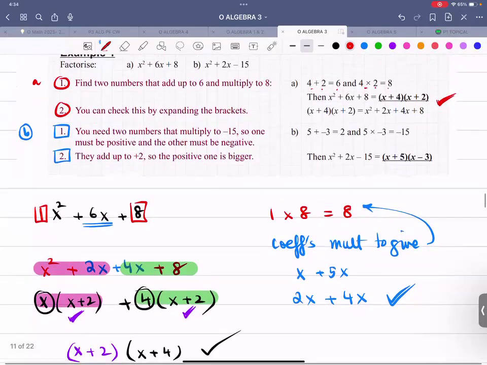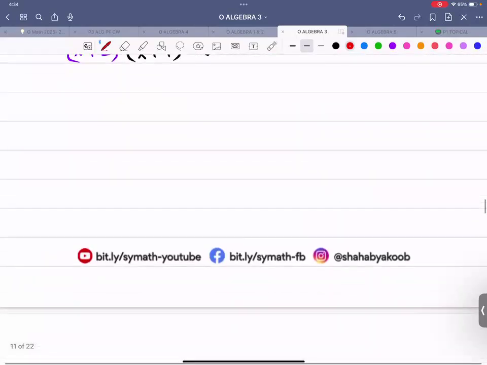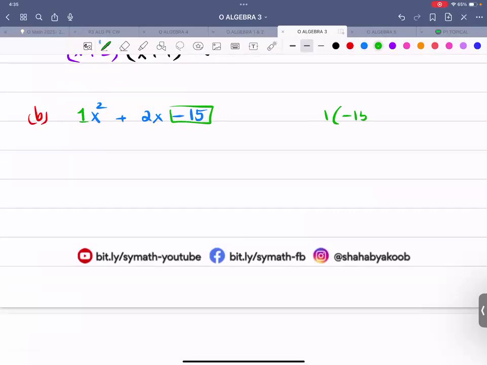The next one, x squared plus 2x minus 15. This coefficient is 1. This is negative 15. 1 into negative 15 is negative 15. Now let's break up this 2x in such a way that it multiplies to give you negative 15.